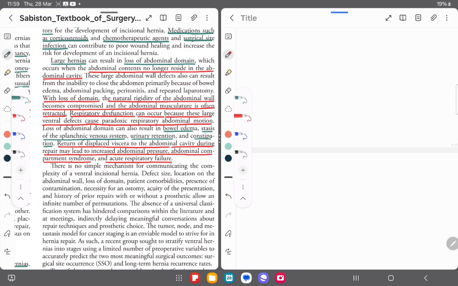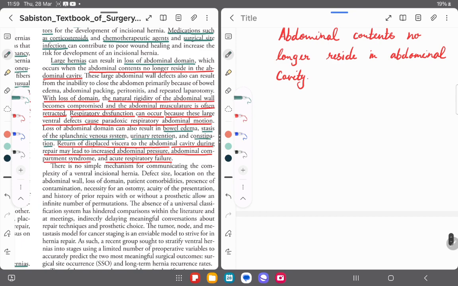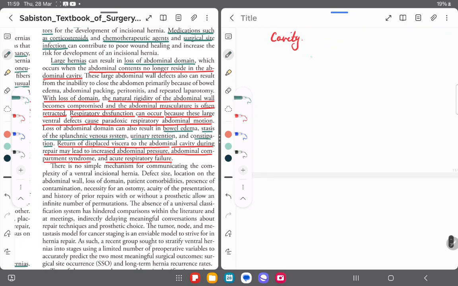With loss of domain, natural rigidity of the abdominal wall becomes compromised and the abdominal musculature is often retracted. So what happens in loss of domain is that the natural rigidity of the abdominal wall is compromised.